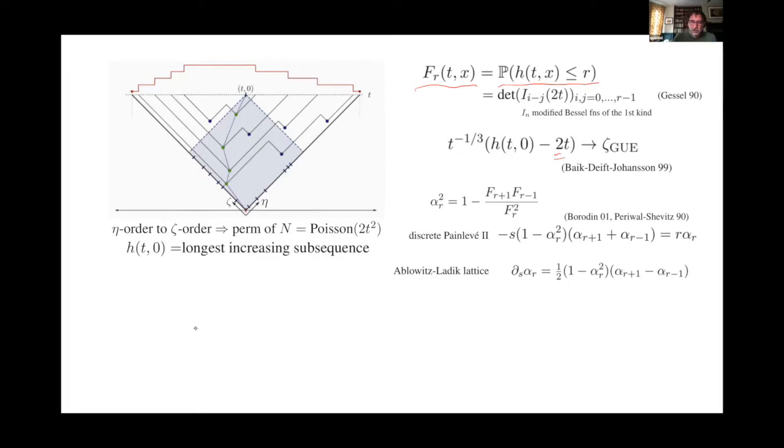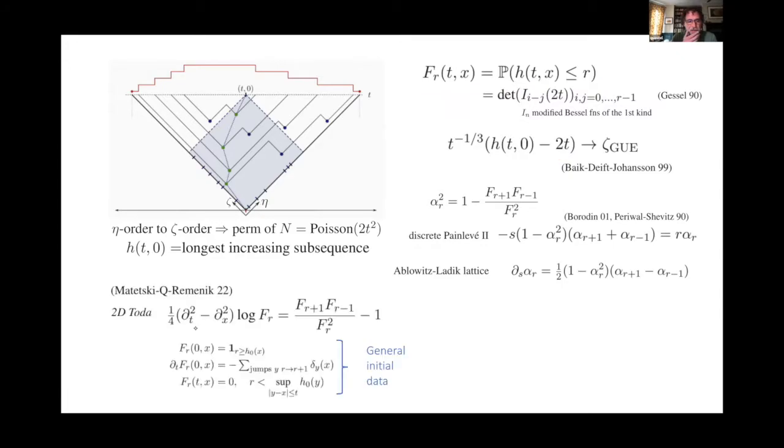Okay. So that's all leading up to our result, which I'll state now. The main point about our result is that it's a fact which is similar but not equivalent to either of these, either the discrete Painlevé-2 or Ablowitz's lattice, but also it's true for any initial data.